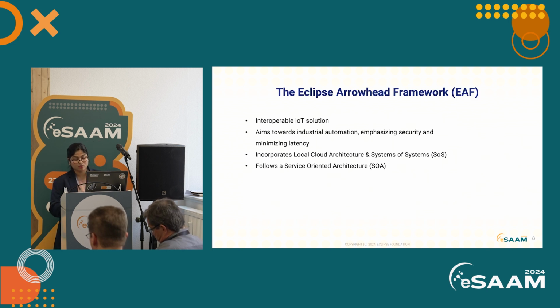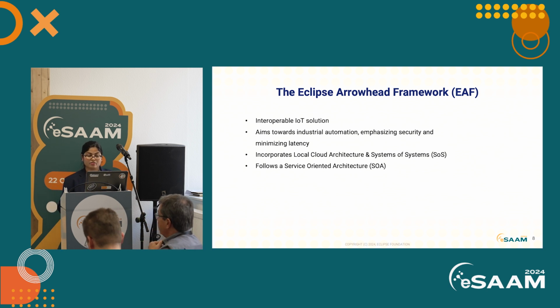Talking about the local cloud solution, we have the Eclipse Arrowhead framework. It is an interoperable IoT solution, and it aims towards industrial automation, emphasizing security and minimizing latency due to its distributed nature. It incorporates a local cloud architecture and a system of systems.